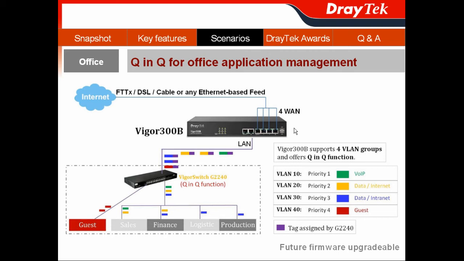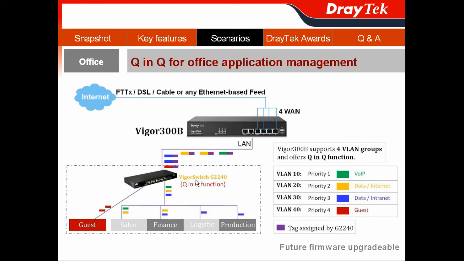Moreover, Vigor300B is a multi-WAN load balancer device accessed by FTTX, xDSL, cable, or any Ethernet-based feed, which can give you more than enough internet connection. Still remember, we offer up to 1 giga connection plus the QoS function, so your essential business applications can ensure the best quality by bandwidth and also by prioritization.